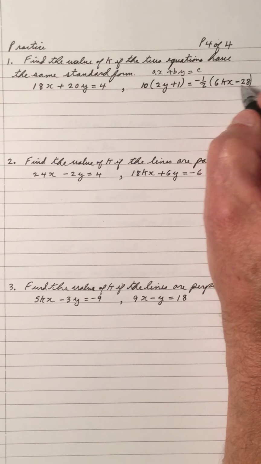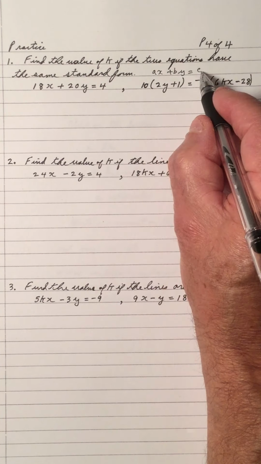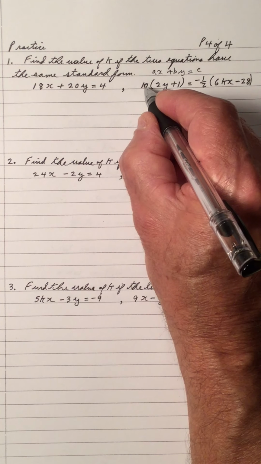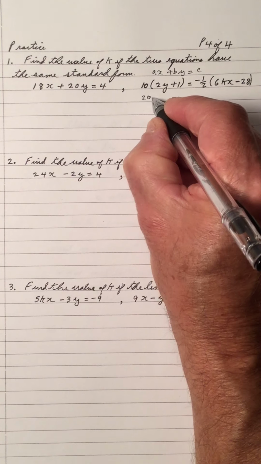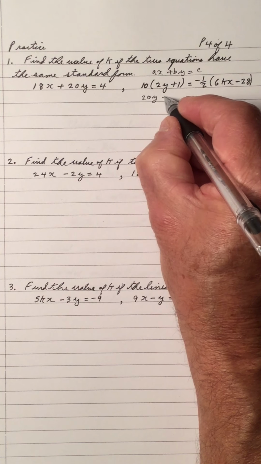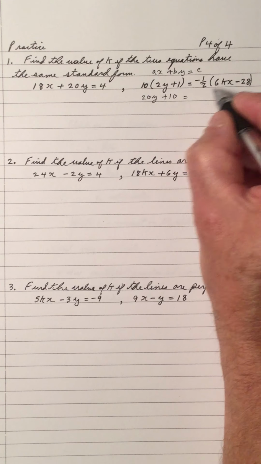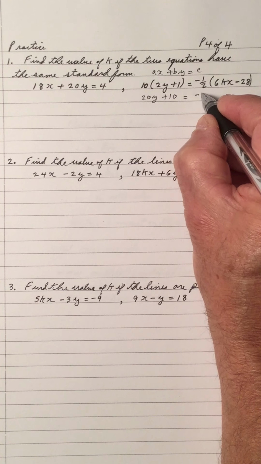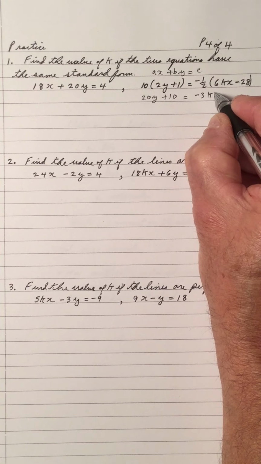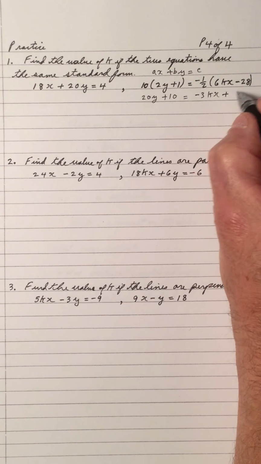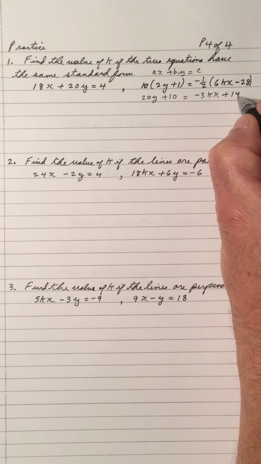But we have to rewrite this equation to get it into this form. We have to remove the brackets first, so 10 times 2 is 20y. 10 times 1 is 10. Negative a half times 6k is negative 3kx. Negative times negative is a positive. A half of 28 is 14.